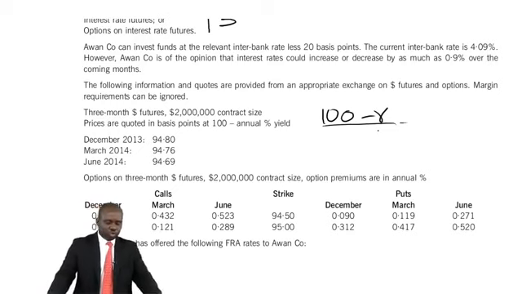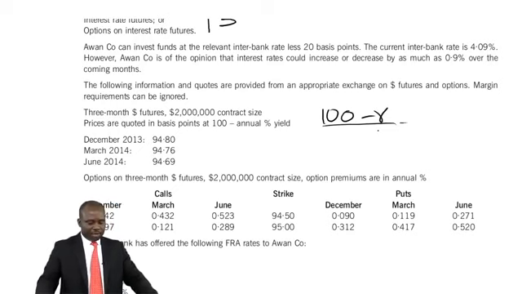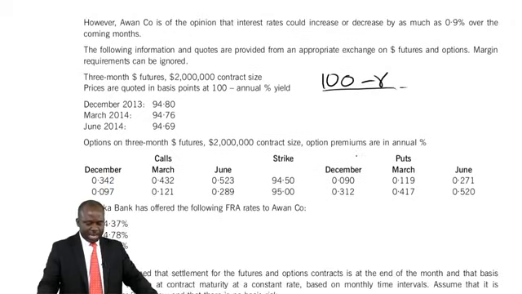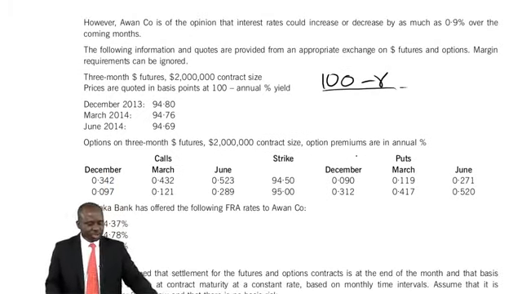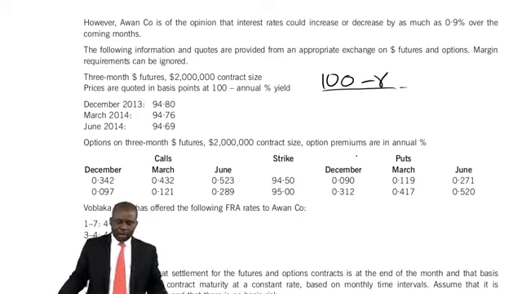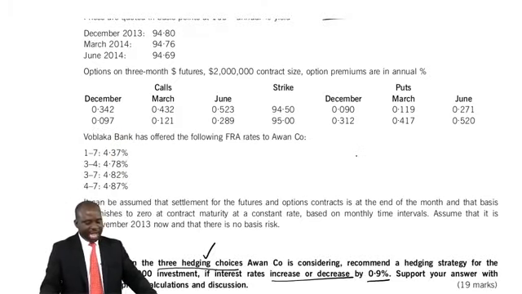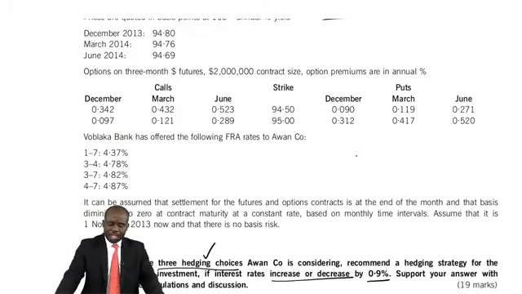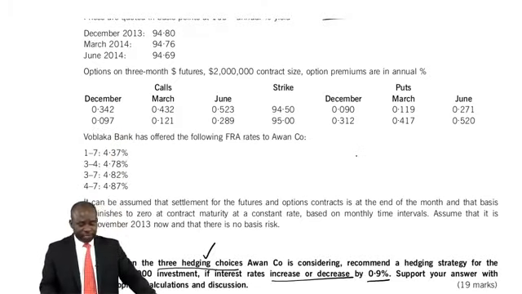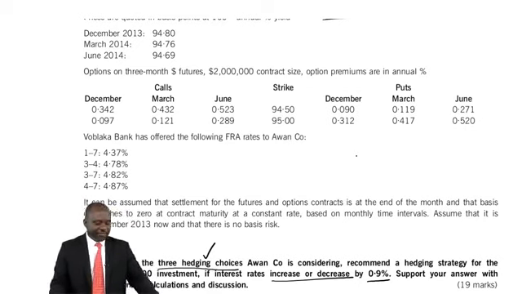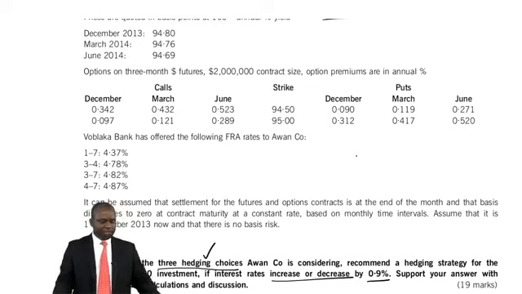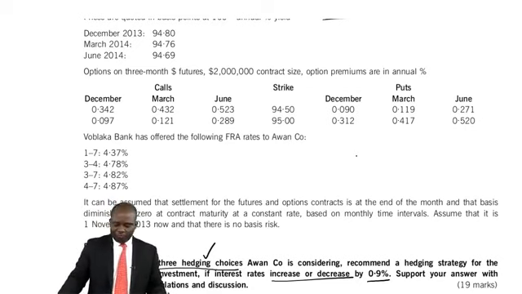December, March, June. Options on 3-month dollar futures, 2 million contract size. Option premiums are in annual percentage. Call, strike, put. December, March, June. Vablaka Bank has offered the following forward rate agreement rates to R1 Co: 1 versus 7, 3 versus 4, 3 versus 7, and 4 versus 7.